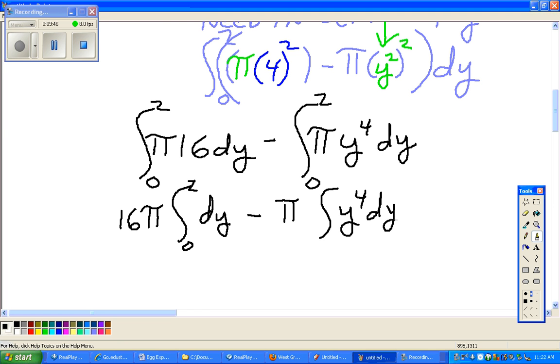So there's no y here. This is like y to the 0. If you integrate y to the 0th, you'll end up with y to the 1st divided by 1.